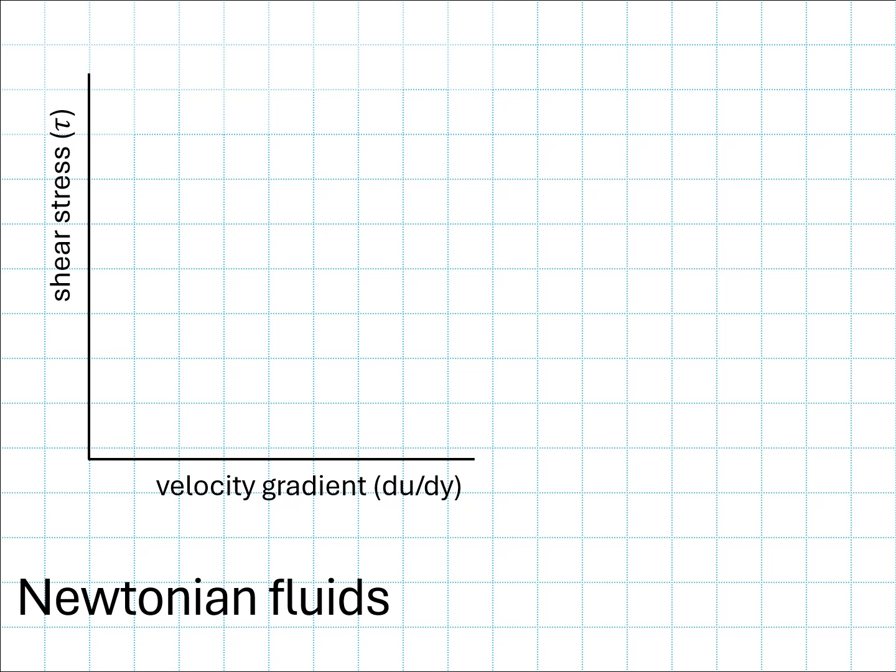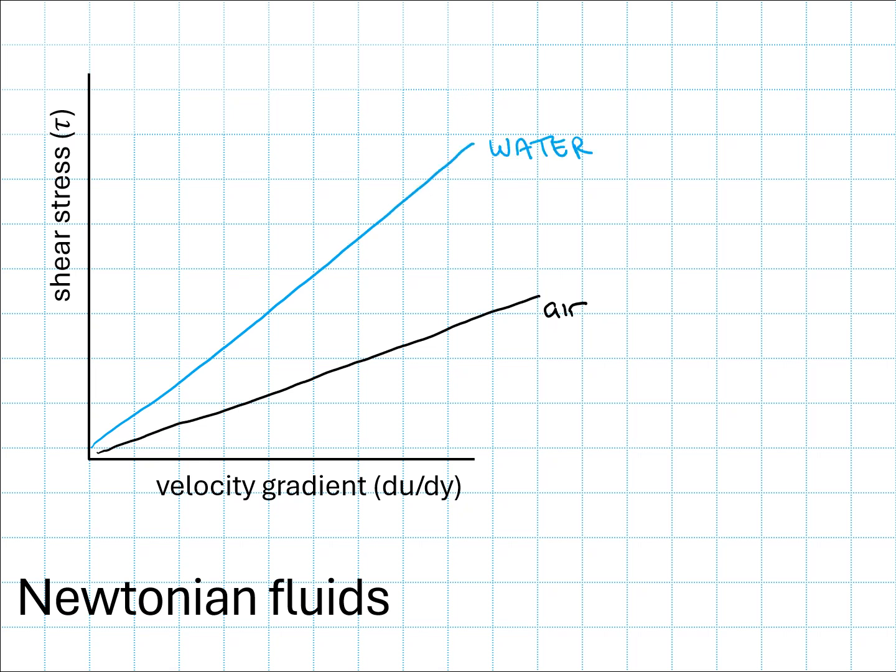So for instance, my relationship for air might look something like this, and then my relationship for water may look like this, and my relationship for honey may be like that.